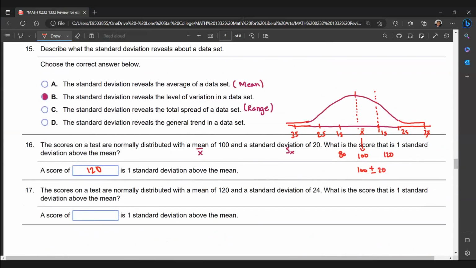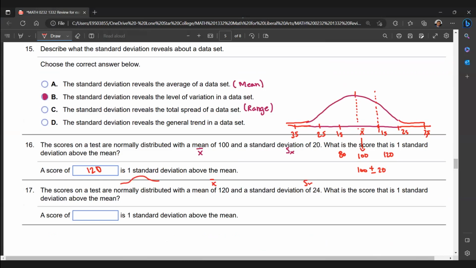All right. So let's see. The test scores on a test are normally distributed. What that means is that the graph looks like some sort of bell-shaped graph. This is the mean, and this is the standard deviation.